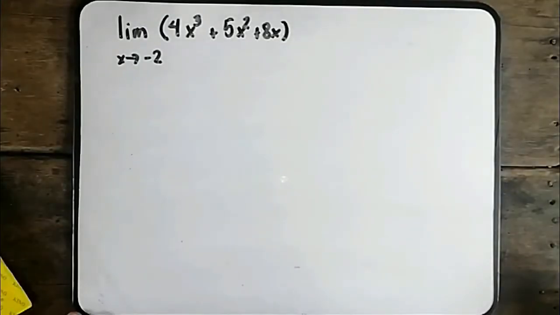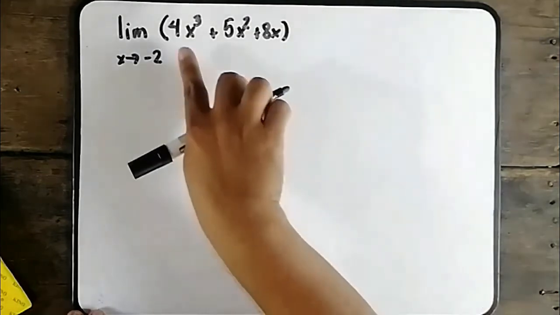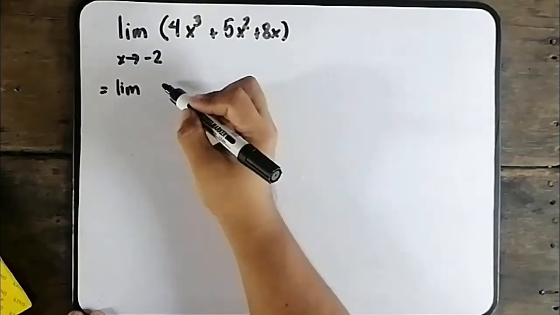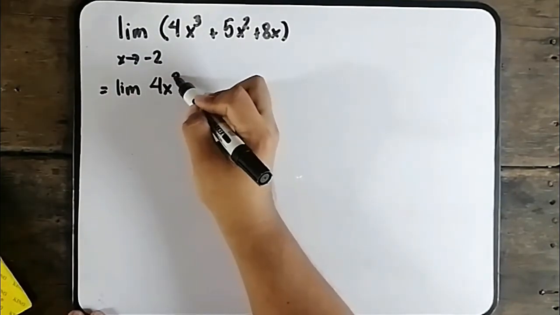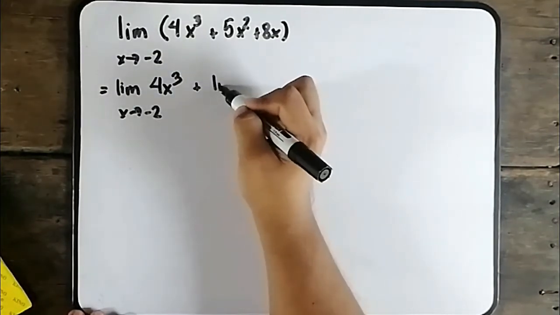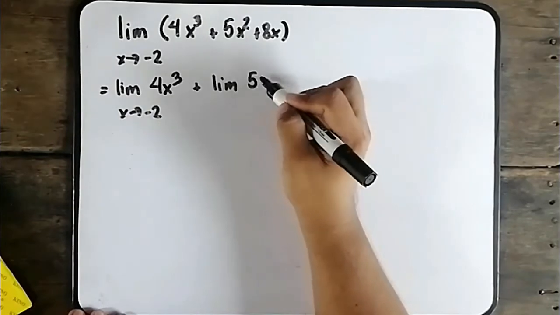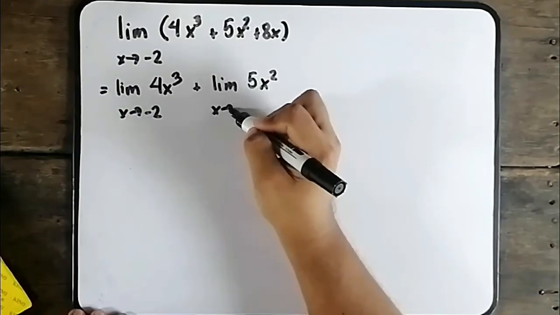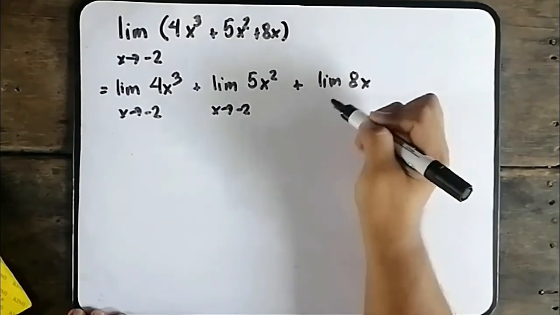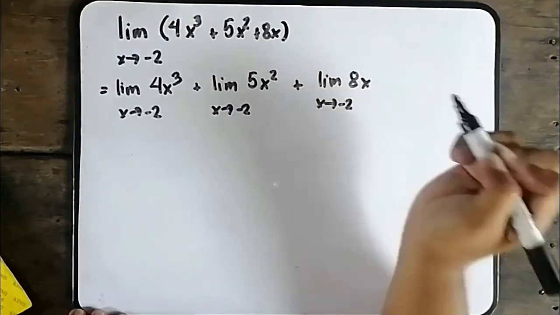So next example is the limit of 4x cubed plus 5x squared plus 8x as x approaches negative 2. Again, by theorem 5, pwede nating paghiwalayin yung mga yan. So that becomes the limit of 4x cubed as x approaches negative 2 plus the limit of 5x squared as x approaches negative 2 plus the limit of 8x as x approaches negative 2.